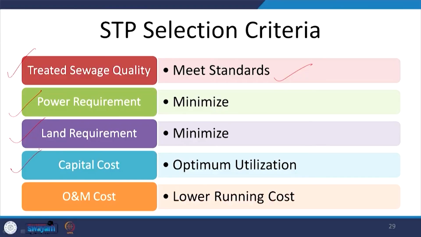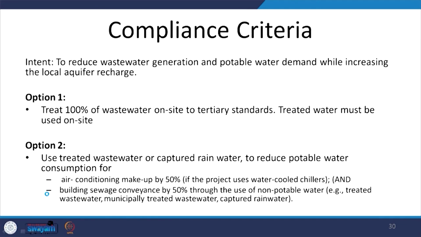However, if there is abundance of land, then even STPs like stabilization ponds and root zone wastewater treatment can also be used. We have to optimize the capital cost. We should not be treating in excess of what is required, and then we have to reduce the operations and maintenance cost.